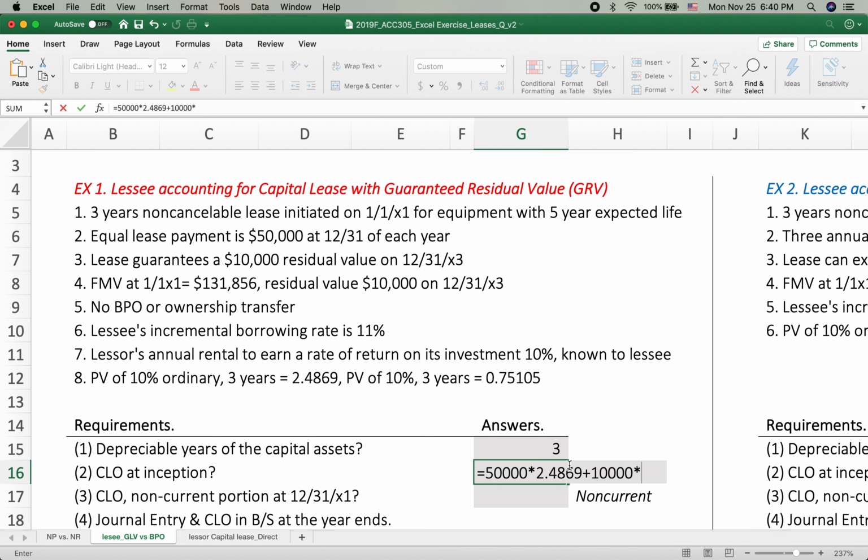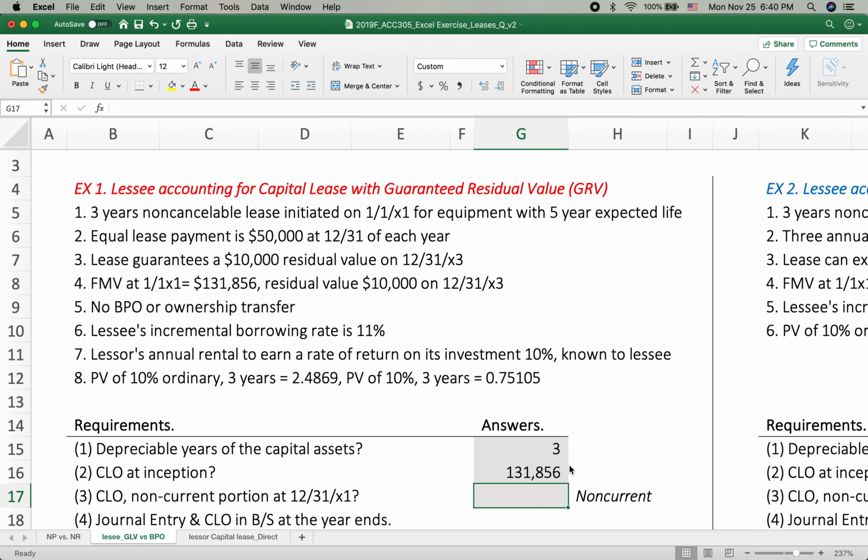So we apply 0.75105. Now we come up with the 131,856. Oh, what a coincidence. This value, the fair market value, and the capital lease obligation at inception are the same. So you don't have to worry about which one to choose because it's the same. But when the fair market value is lower than the capital lease obligation amount, we choose the fair market value, which is the lower one.